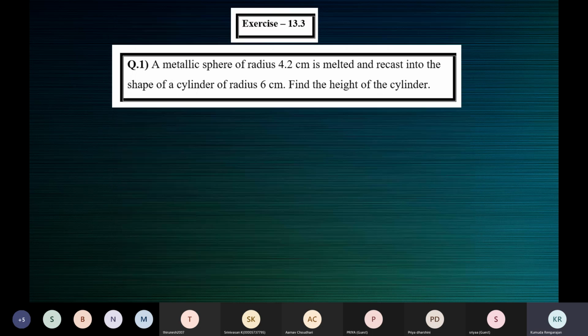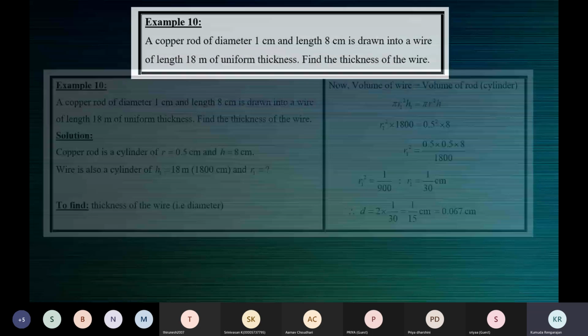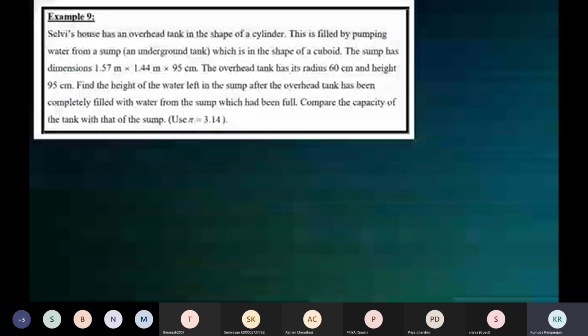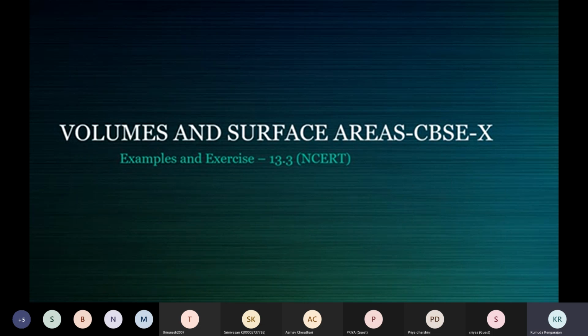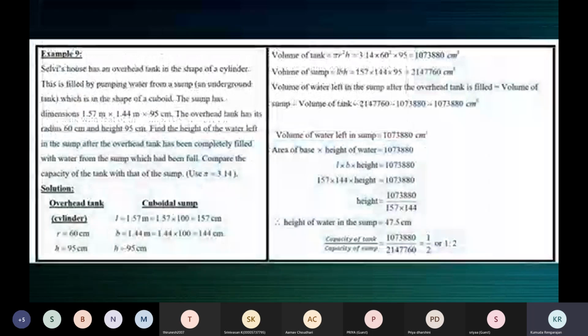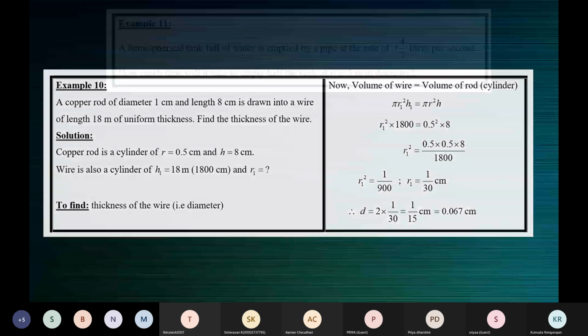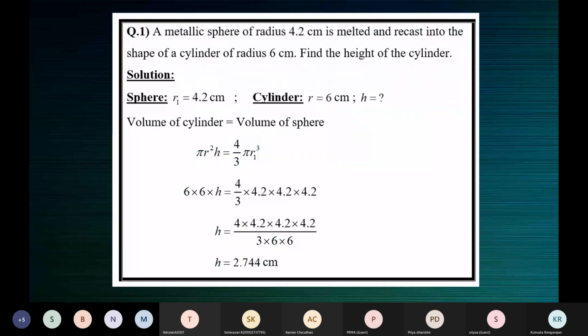Then we have the examples in this chapter, 1, 2, 3. Examples, I think. Yeah, and then we are done with the volumes and surface areas from the textbook. Finish it, children. Complete this now in the class because you have the homework also to do.